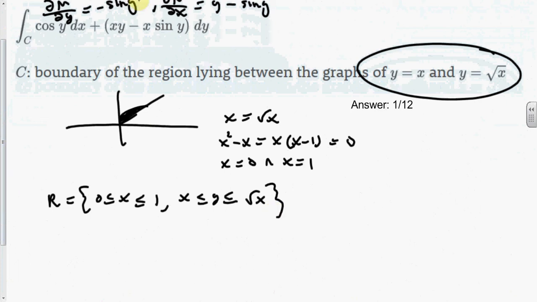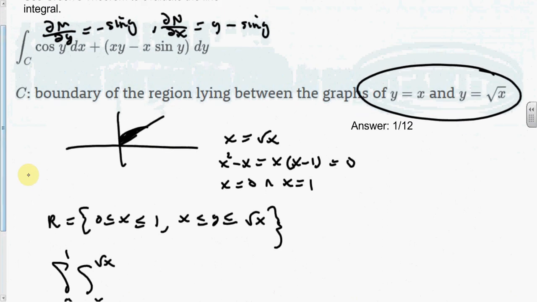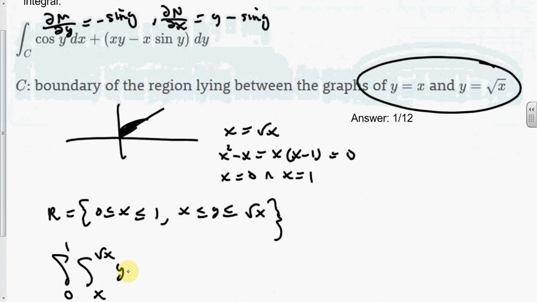Now this one is fun to work. When you work it, you'll see what happens. That is this double integral. You go from 0 to 1, and then the bottom is x, the top is the square root of x. You go back to the partial derivatives: it's the partial of n with respect to x first, so this is y minus sine y, then minus the partial of m with respect to y, and that's minus a negative sine y.